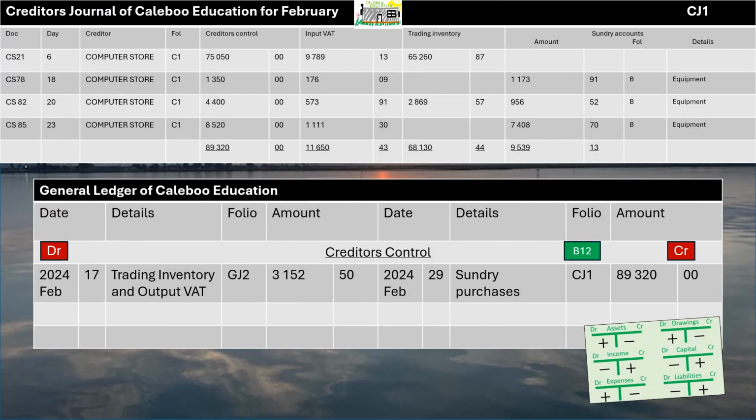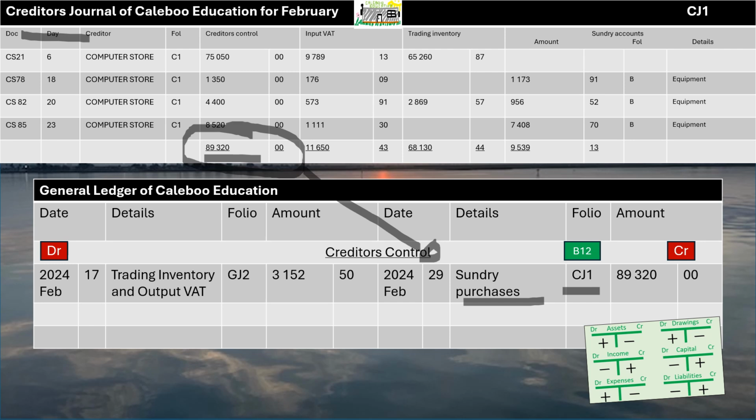Then we are going to take all the credit purchases. At the end of the month, I take the total and I take it to the control account. Now, because we made all these credit purchases, we owe, after this month, 89,320. We can't write everything we purchased, so we call it sundry purchase. Where did that information come from?